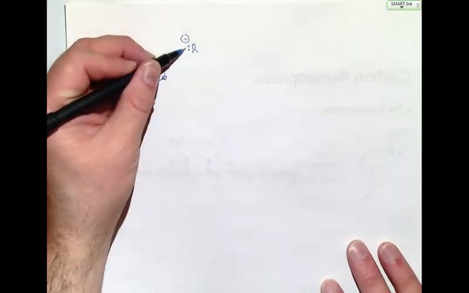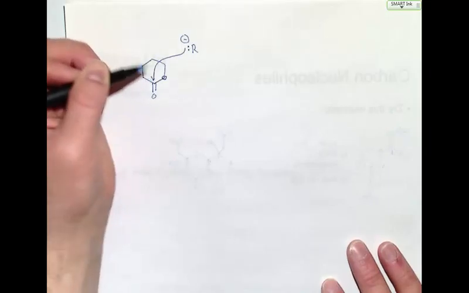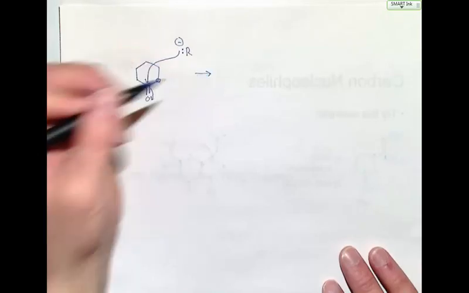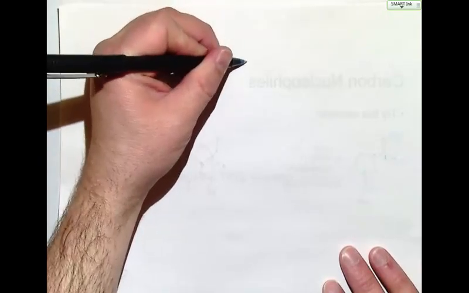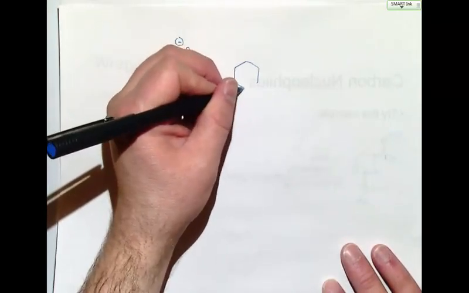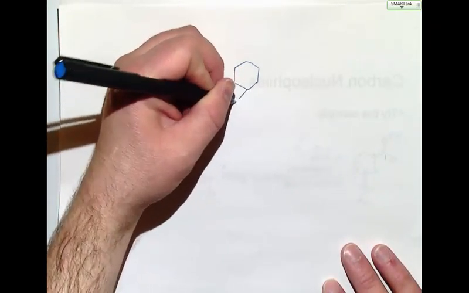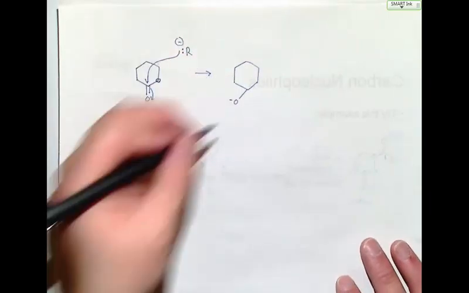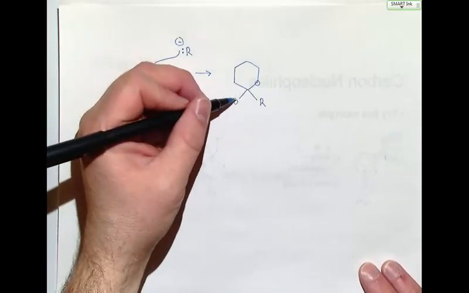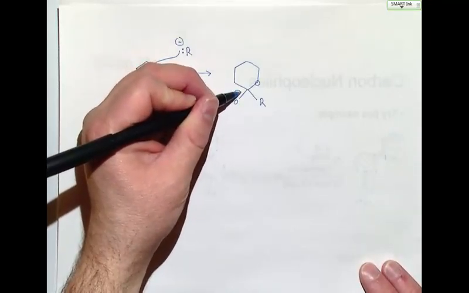So what happens is the R attacks the carbonyl of the ester. And then this oxide anion kicks back down to reform a carbonyl.